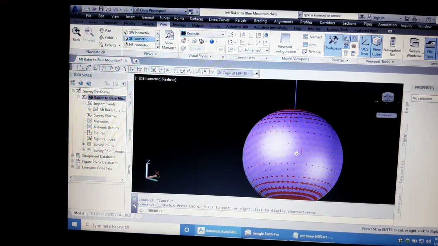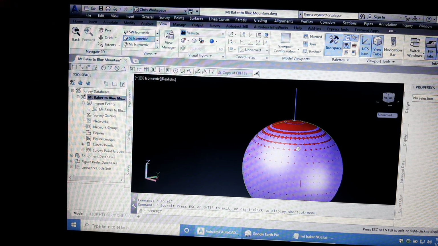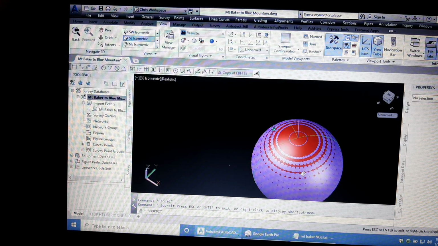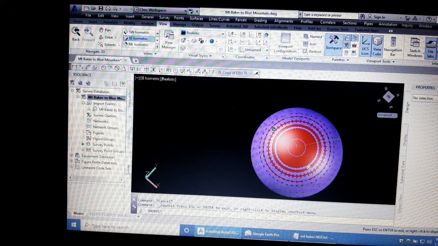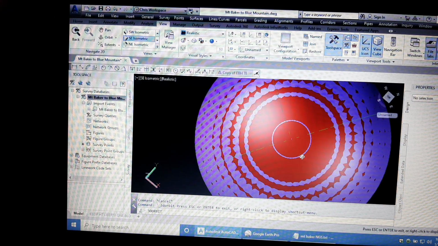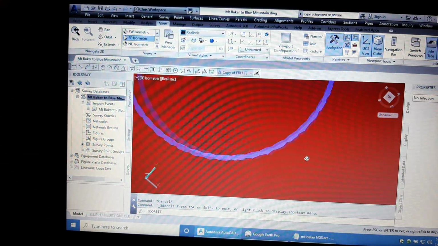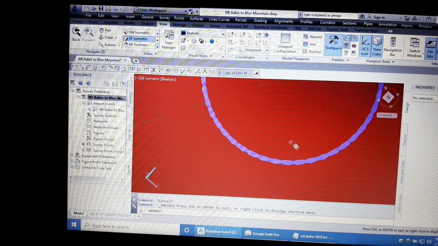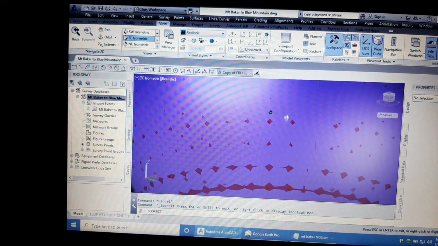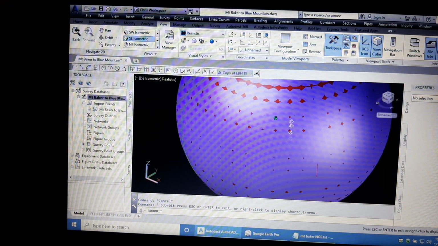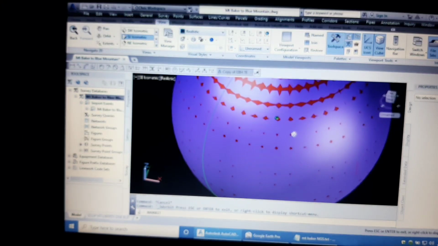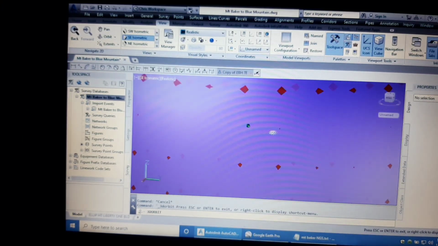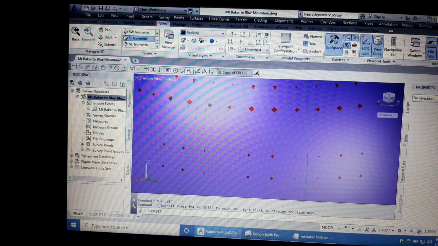So it's why it's like that, because of the bulge. It should be red, and then it should be blue at the equator. Well, South Pole too, but so, well, that's it.